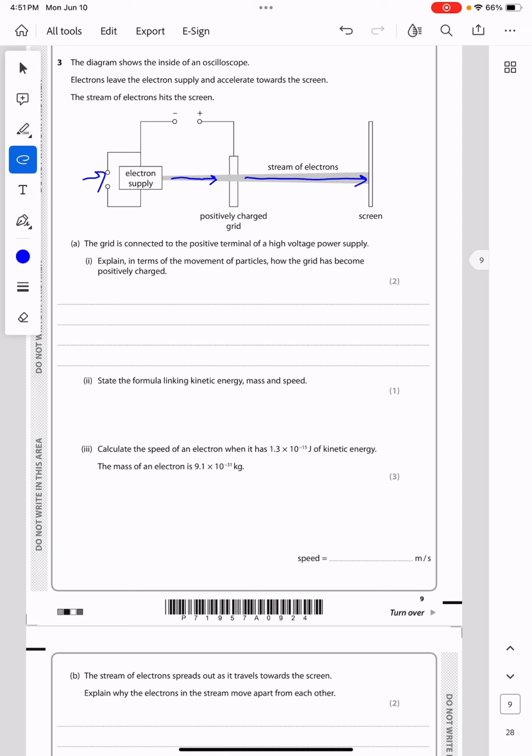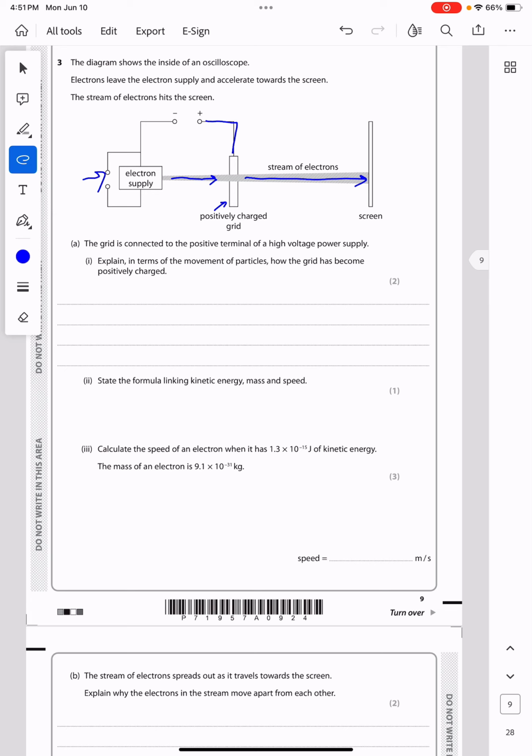The grid is connected to the positive terminal of a high voltage power supply. This is the grid, and this is where it is connected to the positive part of whatever cell or any kind of power supply. The first question is, explain in terms of movement of particles how the grid has become positively charged.